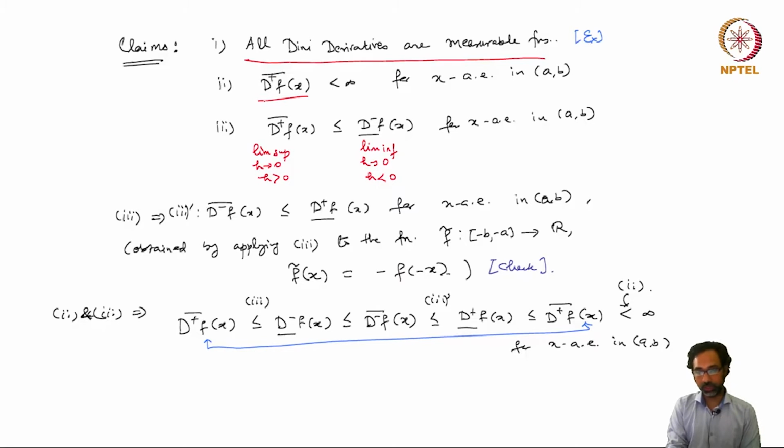So we will show first the second part, that d plus f upper bar is finite, and then the third part, the inequality between d plus upper bar and d minus lower bar. So let's start with the proof of 2. We have to show that the positive Dini derivative, the upper bar, is finite for x almost everywhere in AB.